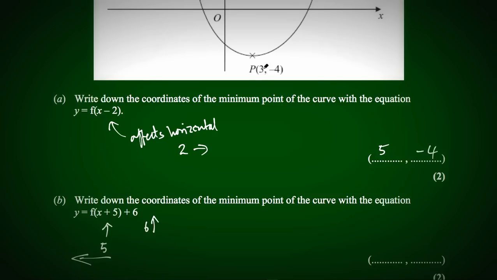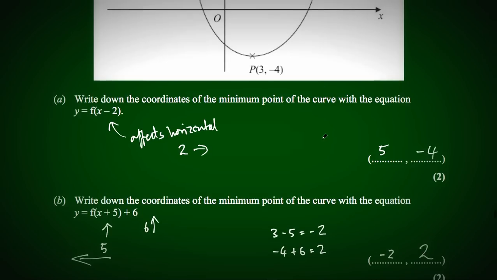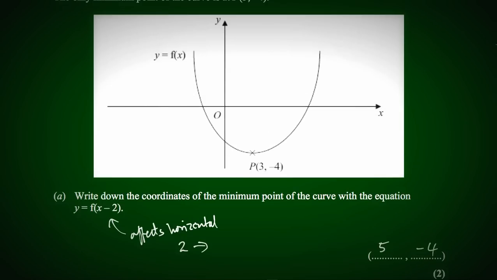So 5 to the left of the point 3 is -2, 3 minus 5 is -2, and this is -4, but it's 6 higher than -4, so -4 plus 6 equals 2, so my coordinates are (-2, 2). Effectively, that graph would look like it's moved 5 left and 6 up, so it's moved somewhere over here.